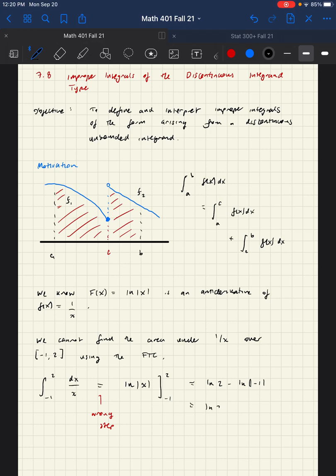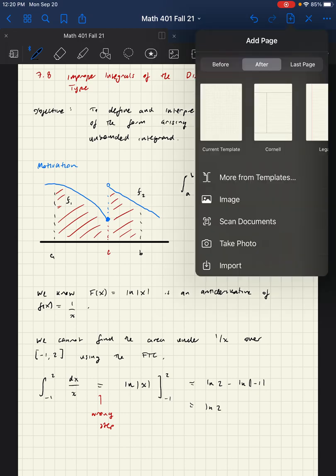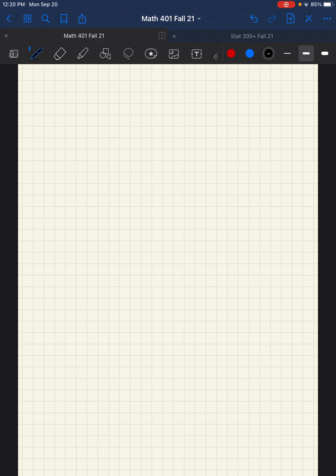And that gives us ln of 2 minus ln of the absolute value of -1, which is 0. And that gives us ln of 2. So if we naively took this integral, we would believe that the area under the curve would be ln of 2, but it's not true, because this function has that discontinuity at x equals 0, and it's essential and unbounded. So here's how we deal with that.